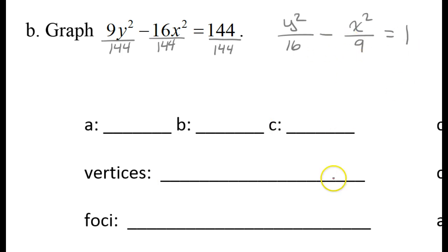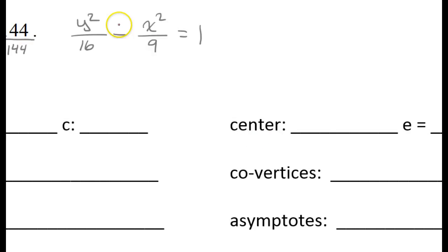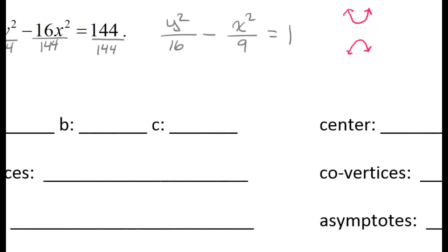So this is standard form, and I will use this for the rest of the problem. Don't forget that right now we know which way the hyperbola opens. Because the first term, the positive term, is the y term, we know that this will be a vertical hyperbola opening up and down. So whatever else we do, we're looking for this shape to the hyperbola.